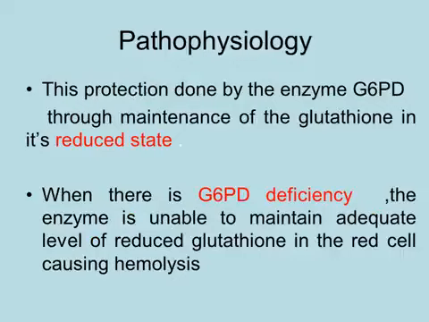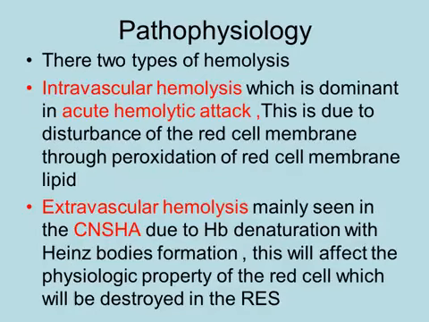This protection is done by the enzyme G6PD through maintenance of glutathione in a reduced state. If G6PD is deficient, the enzyme is unable to maintain an adequate level of reduced glutathione in the red cell, causing hemolysis.